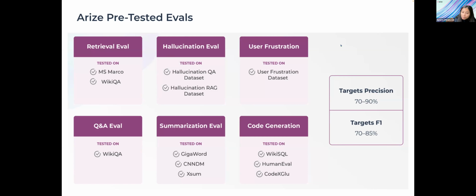This is important because benchmarking on a golden data set is your way of building intuition and confidence that, on average, you can expect this eval template to work, in this case with 70-90% precision targets or 70-85% F1 targets. So when you later use it in your real production application, those will carry over.